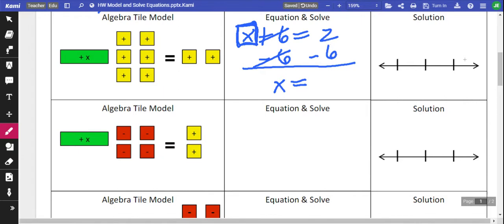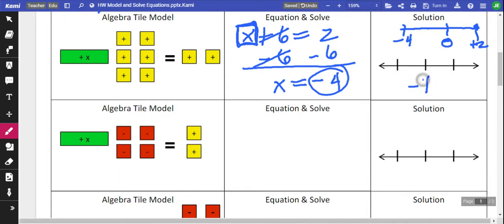You're at positive 2. If you're at positive 2 and then you minus 6, you're going to end up at negative 4. So here's positive 2, here's 0. And then if you go minus 6, you're going to end up at negative 4. You're going to pass 0. So here's negative 4. That is our solution.